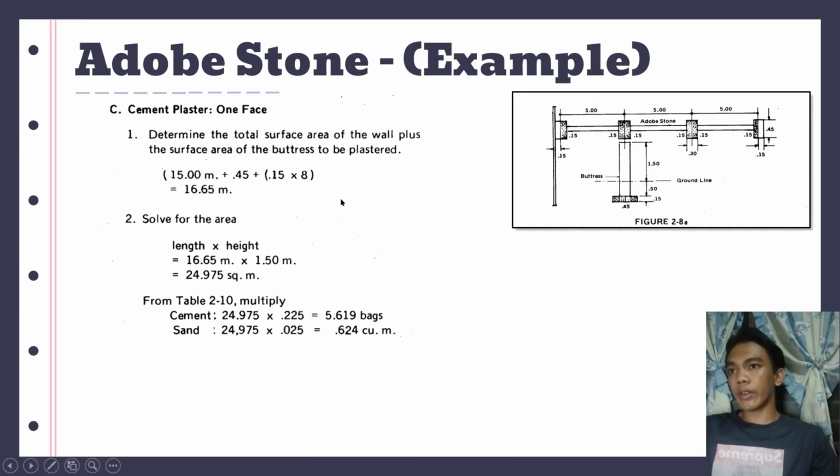Then solving for the area, the area will be length times its height, which is 1.5 meters from the ground line up to the top. 16.65 by 1.5 will be equal to 24.975 square meters.